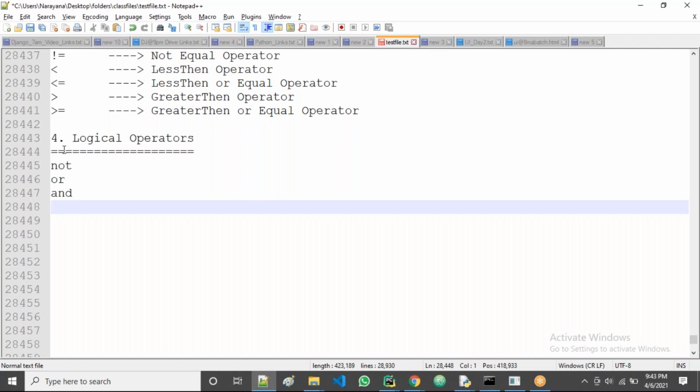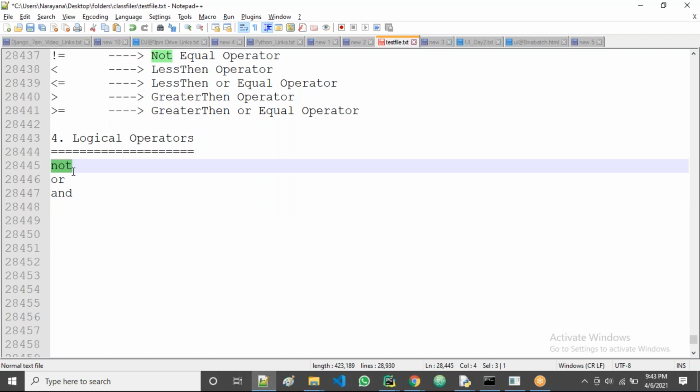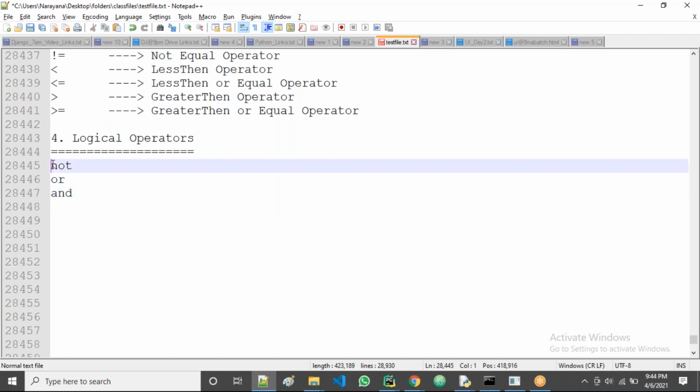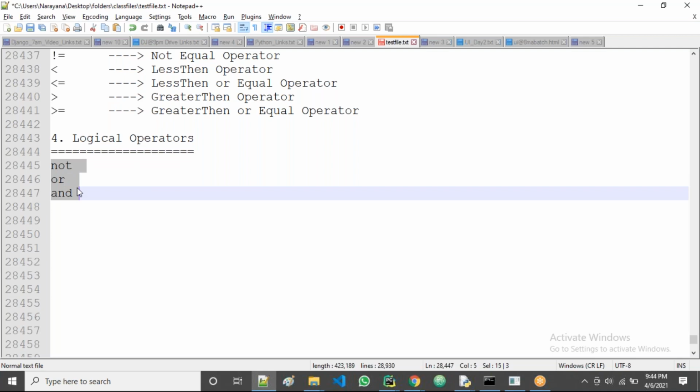For these three operators, we have three tables: a not table, an or table, and an and table.